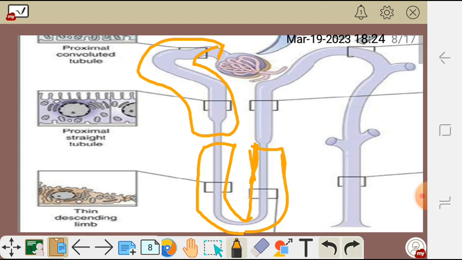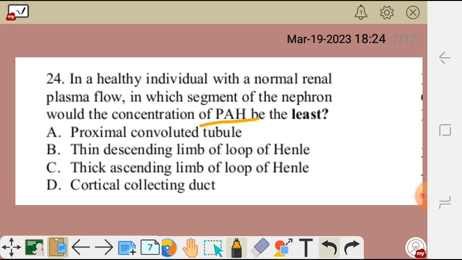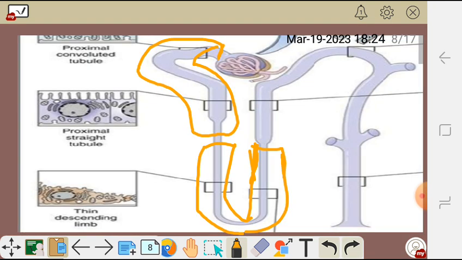The concentration is reducing, but for PAH we do not have channels which conduct PAH there, so we expect it to be the same as here.